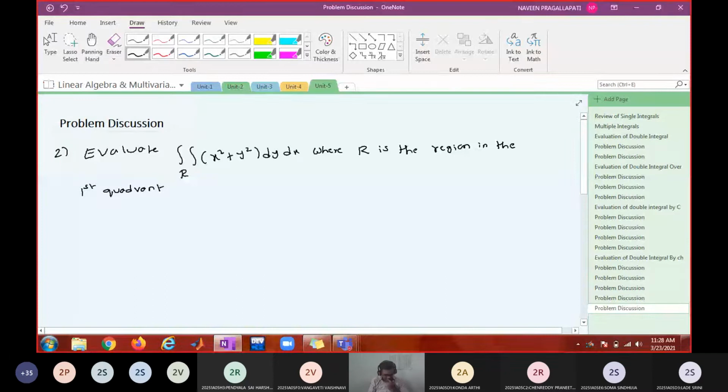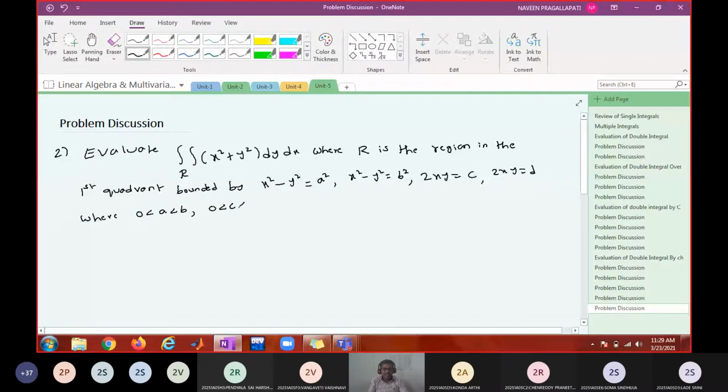bounded by x square minus y square equal to a square, x square minus y square equal to b square, 2xy equal to c, 2xy equal to d, where 0 less than a less than b, and 0 less than c less than d.